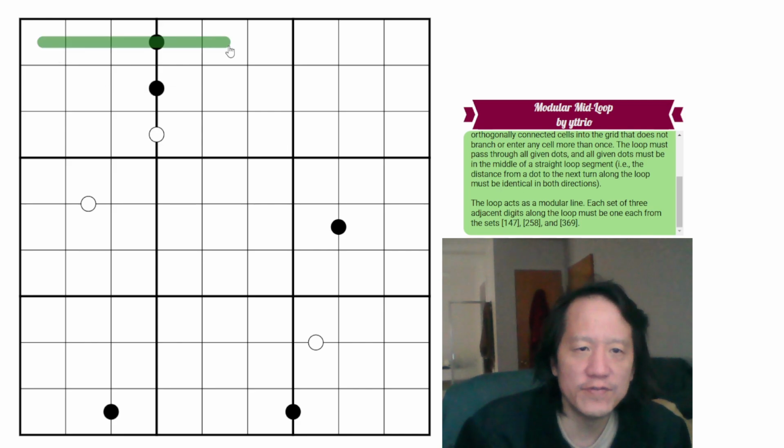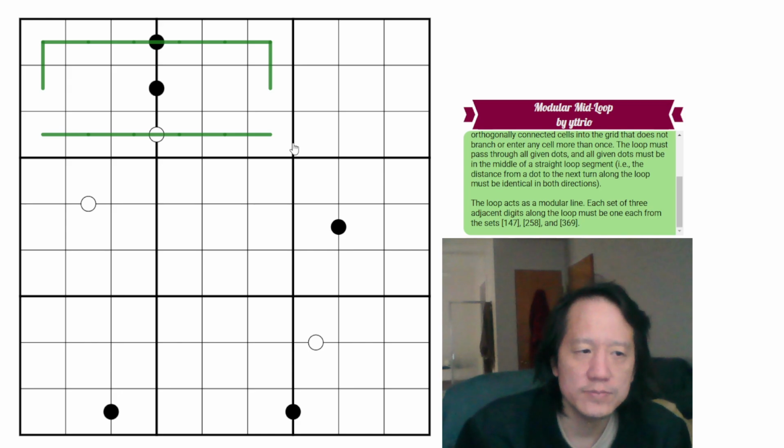What about if these are the same length, right? The problem is this must go up and this must go up. The problem is, how does whatever is going through here connect, right?